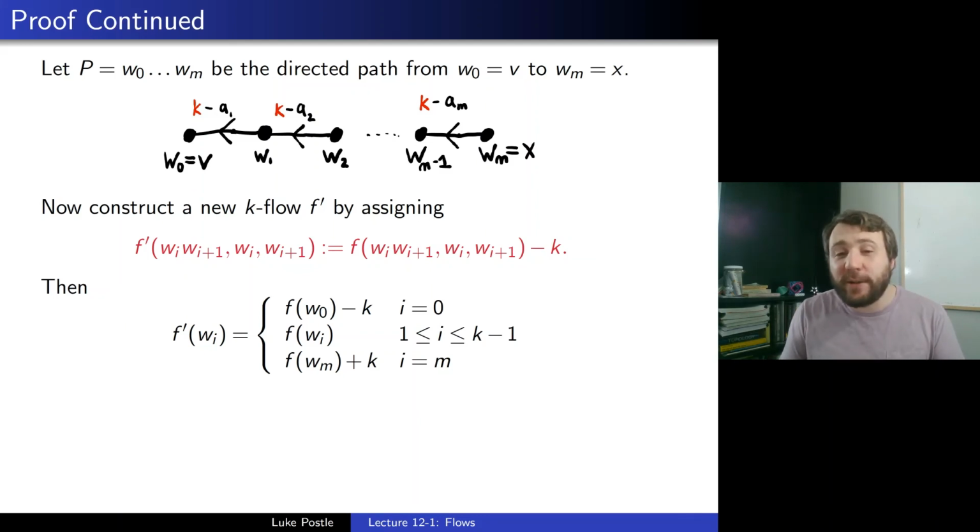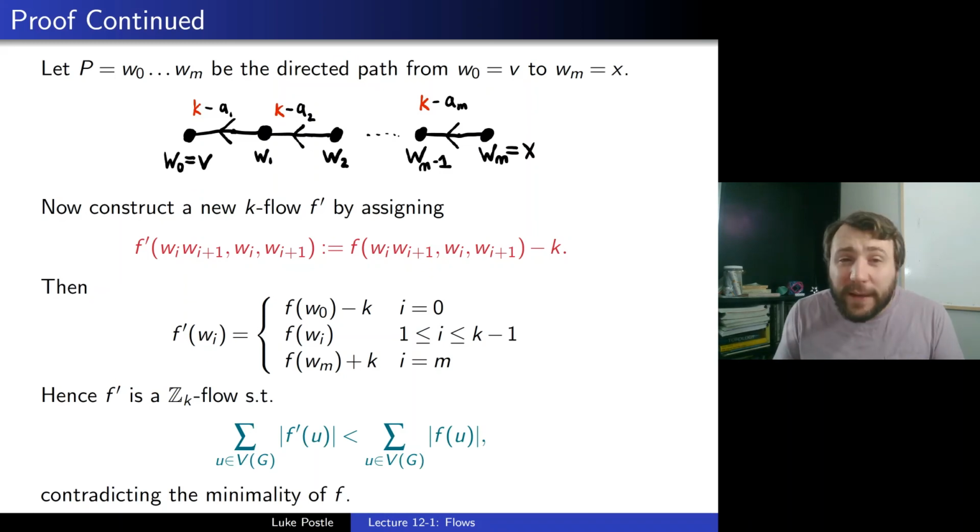It's F of WM plus K, right? So all that we've done is we had this positive path, we flipped it, and what happens is we ended up sending K new units of flow out from X along the path to V. So the amount that X had coming out of it increases by K, while the amount for W0 decreases by K. It's K new incoming.